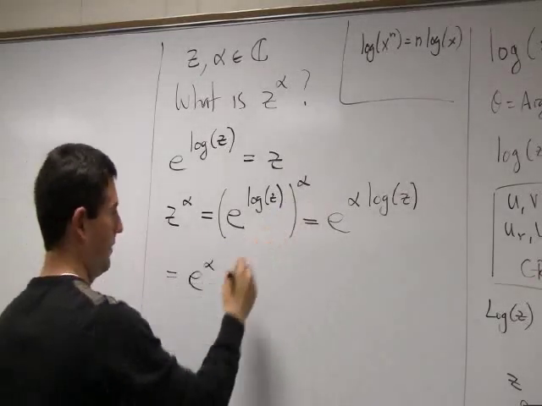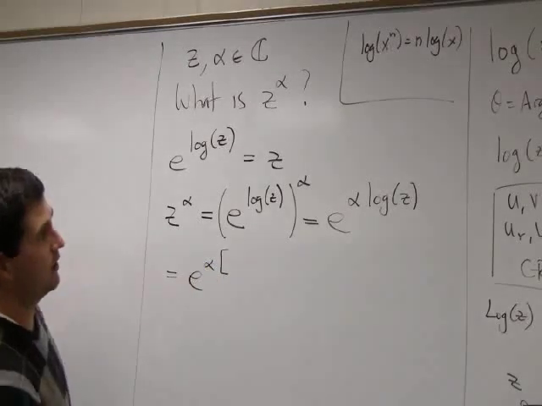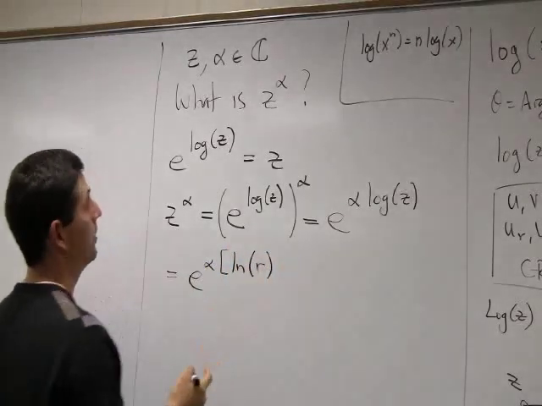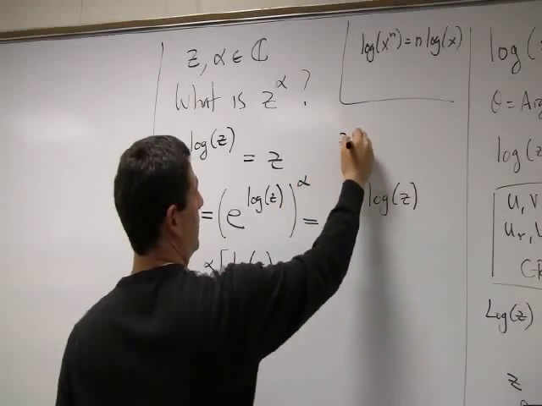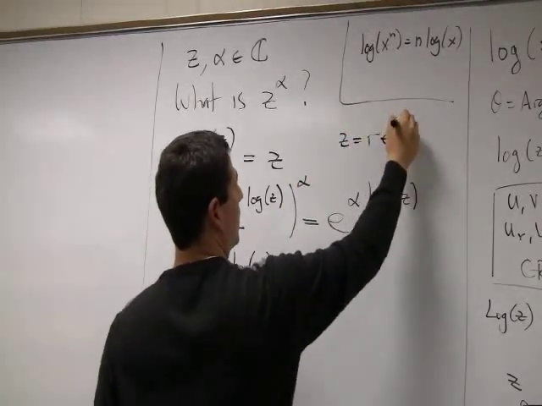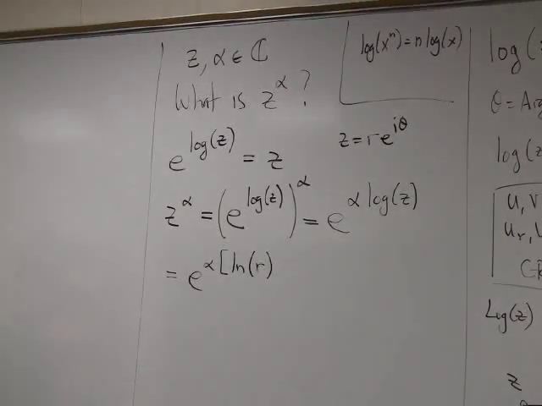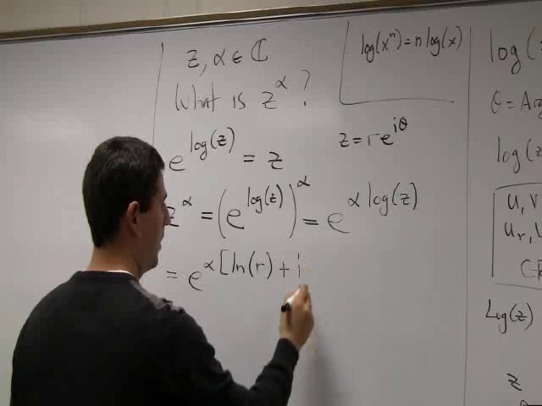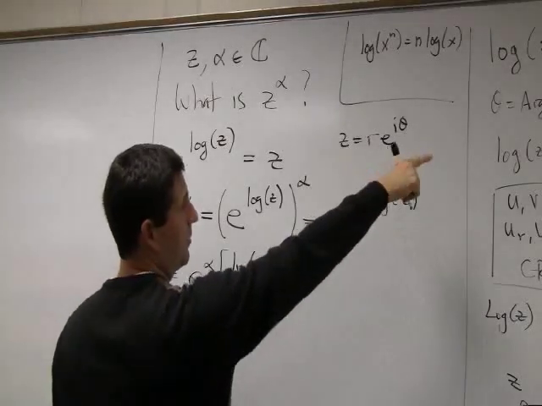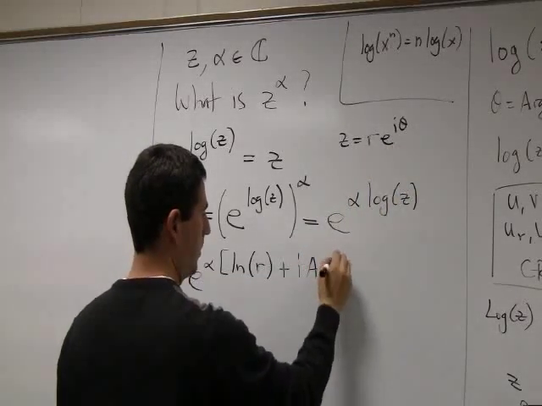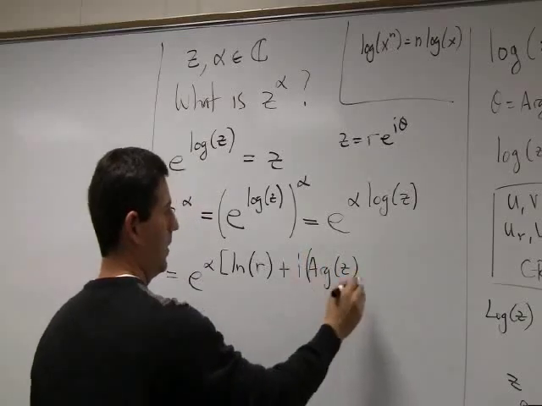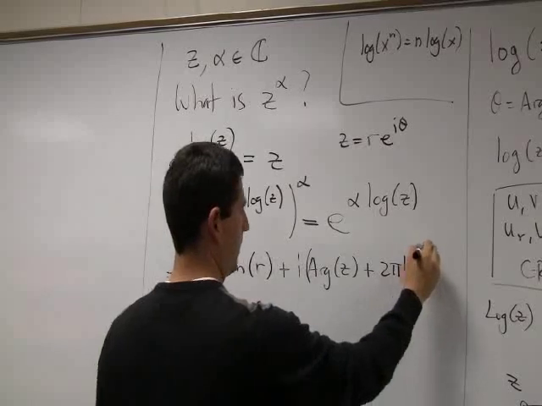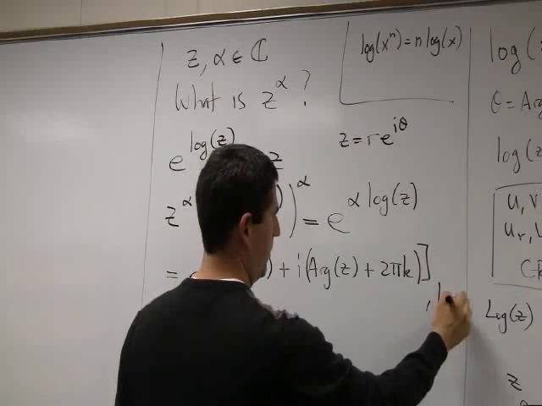Log of z is ln of r, where r is, again, we'll say polar form, plus i theta. And remember, theta is the argument of z plus 2 pi k. So here k is allowed to run through all integers.